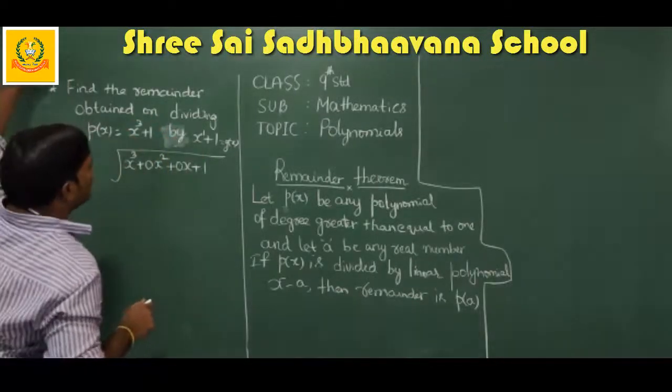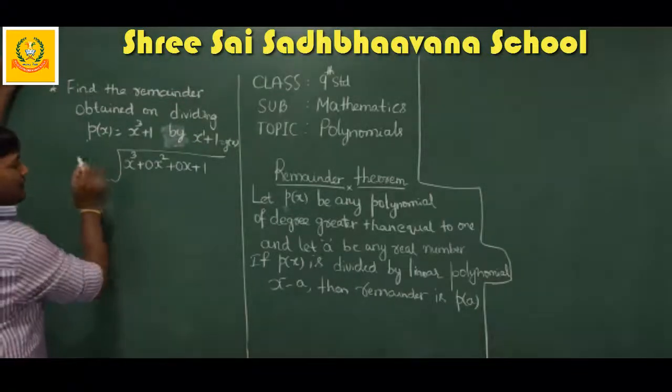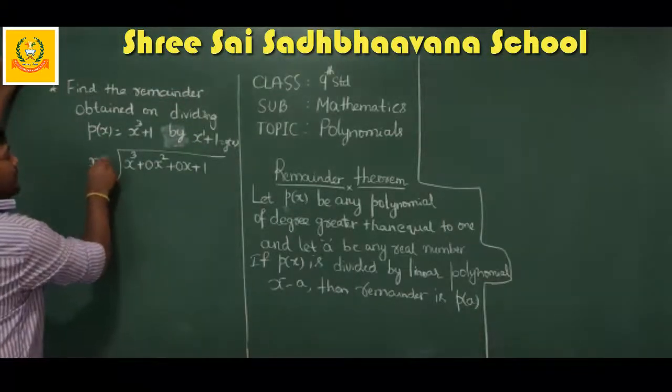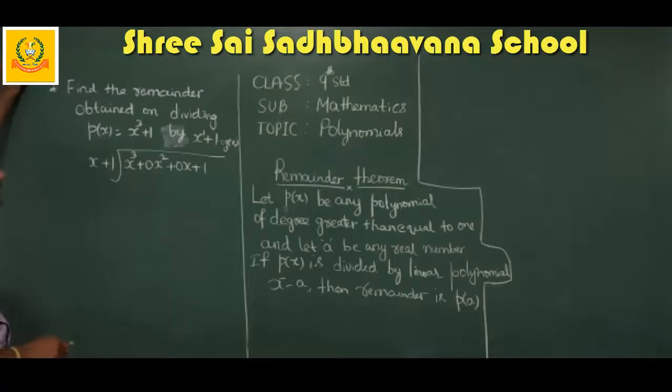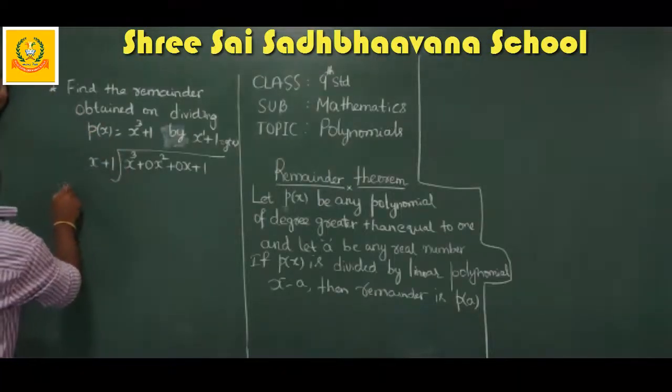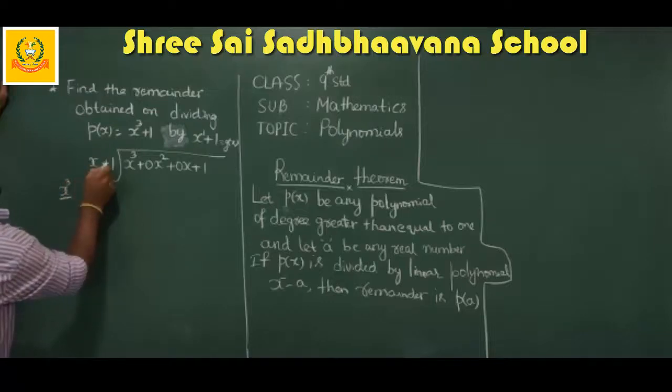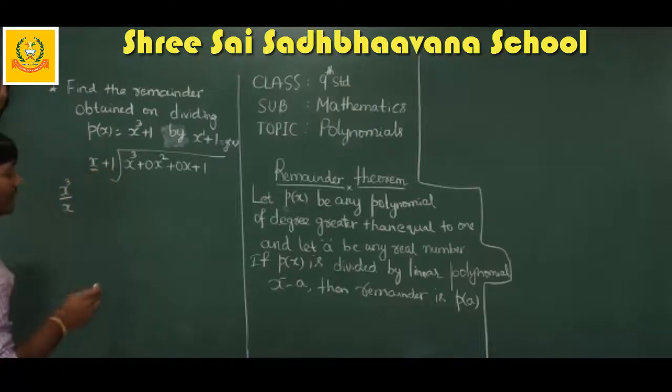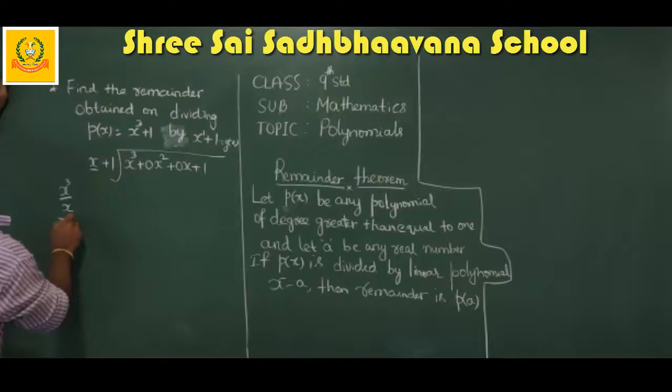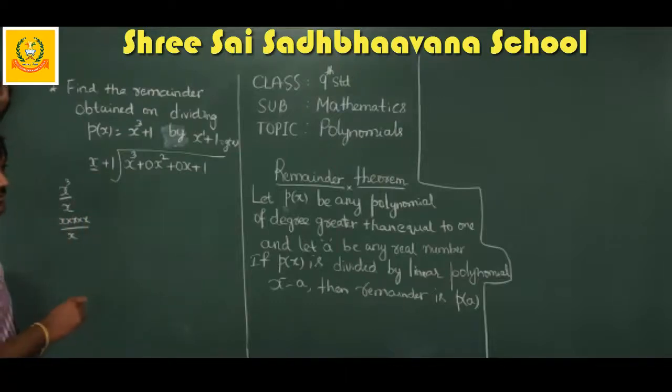Okay. So here, what is the first term? Again here you write the divisor. What is the first term here? x cube. So x cube divided by, what is the first term of the divisor? x. Usually x into x into x divided by x, correct?